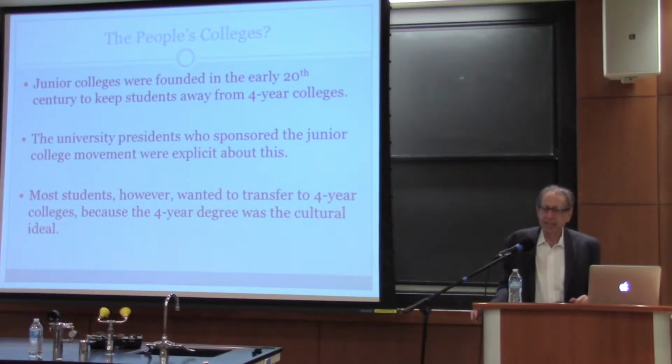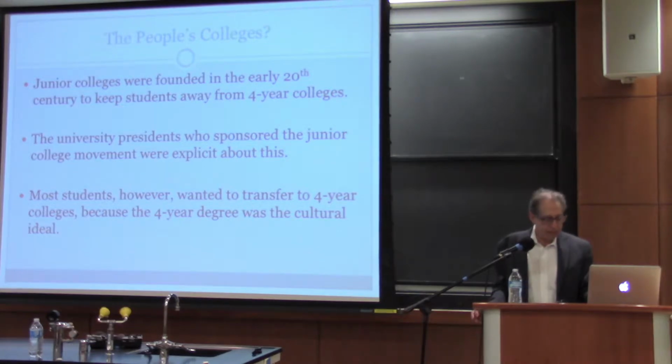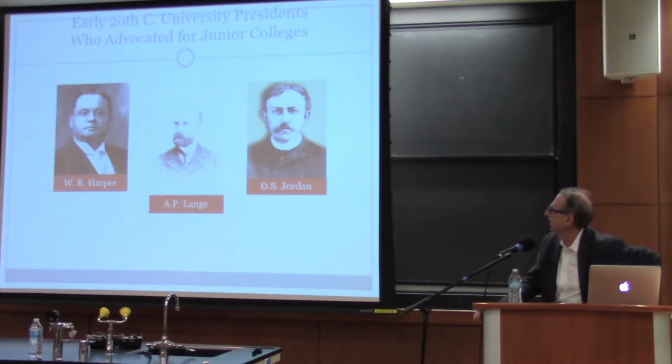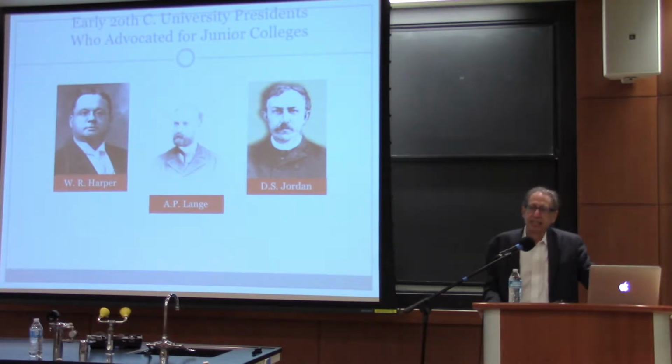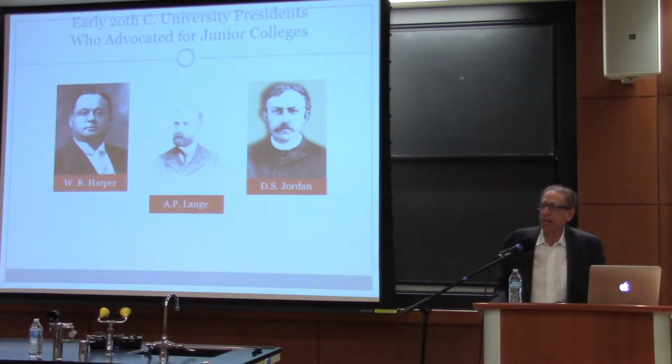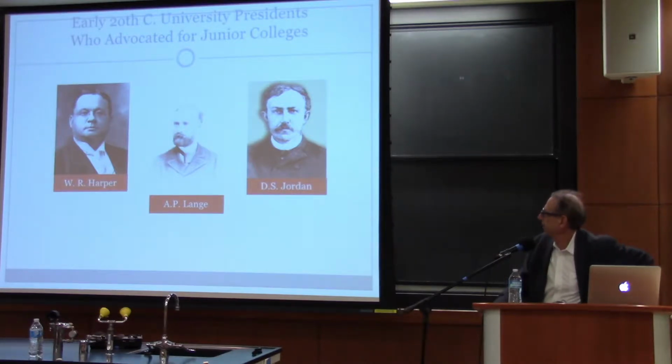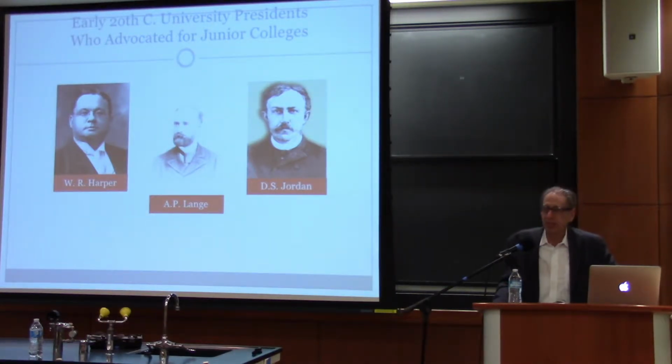And so they were the great sponsors, and in fact, this fella here, on your left, William Rainey Harper, was the president of the University of Chicago, and he's the one who started the very first community college in Joliet, Illinois.